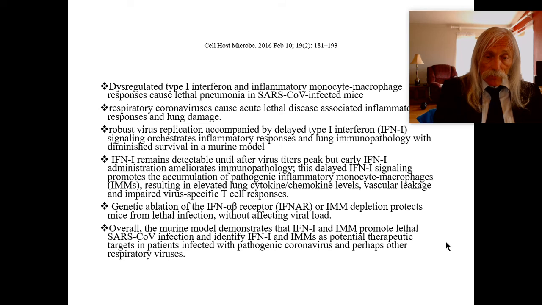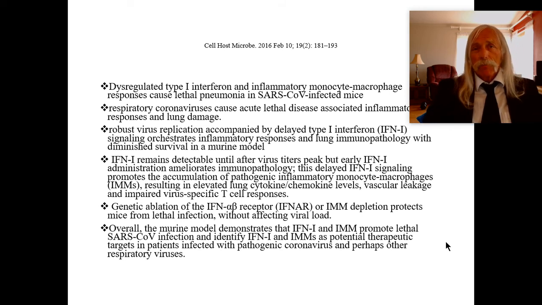Genetic ablation of the interferon alpha-beta receptor, which is one of the IFNARs, or IMM depletion, which they can do in these mouse studies, protects mice from lethal infection without affecting the actual viral load. How about that? They've separated the viral load, the initial viral load, from disease severity, viral replication, and ultimately the morbidity and mortality caused by the hyperimmune response. They did this way back in 2016. Okay.